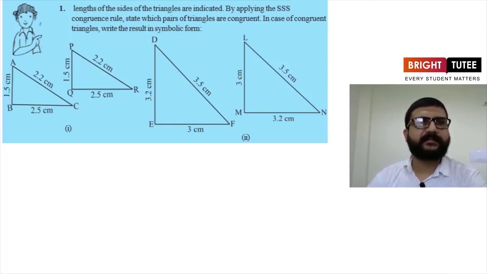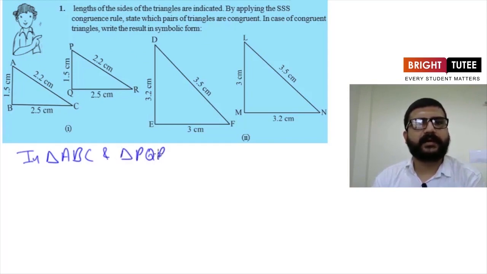Now let's consider the first pair here. So two triangles are given, triangle ABC and triangle PQR. So we can write in triangle ABC and triangle PQR, here AB is equal to PQ, and they both are equal to 1.5 centimeters.